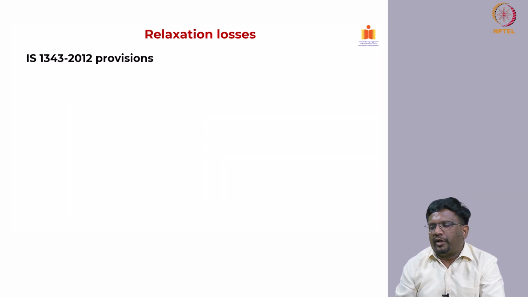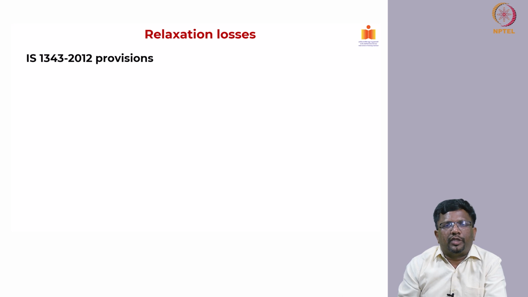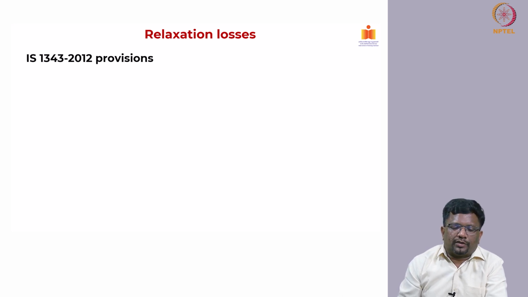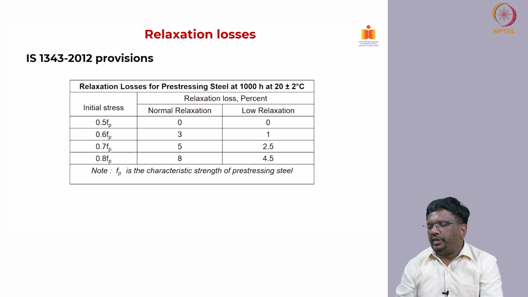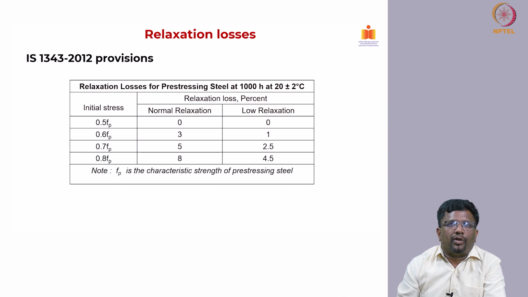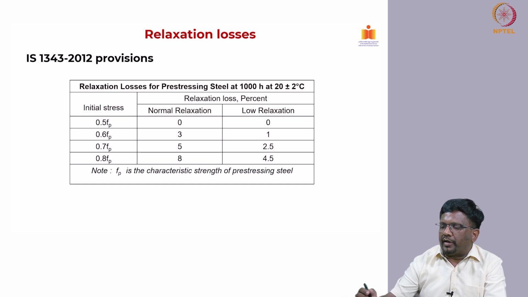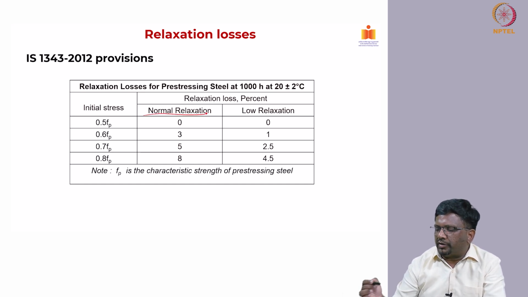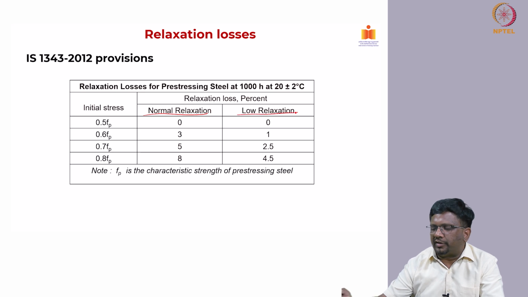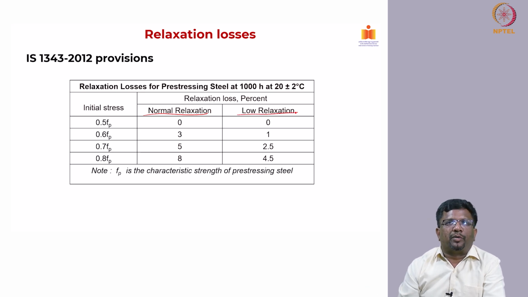Now, let us look at how IS 1343 handles this relaxation loss, and you can see here that it gives very simple values in terms of percentage of loss, and it categorizes them as for normal steel and low relaxation steel. These are all from experimental measurements, and they are reporting at 1000 hours.